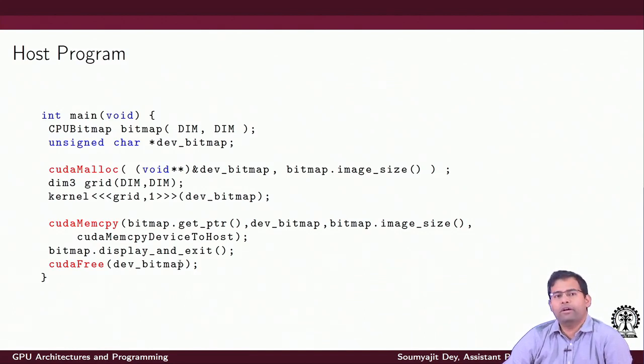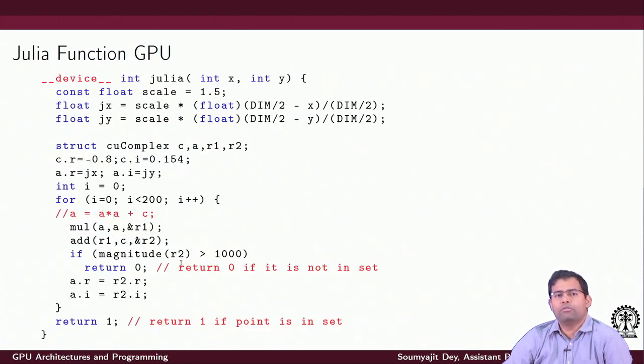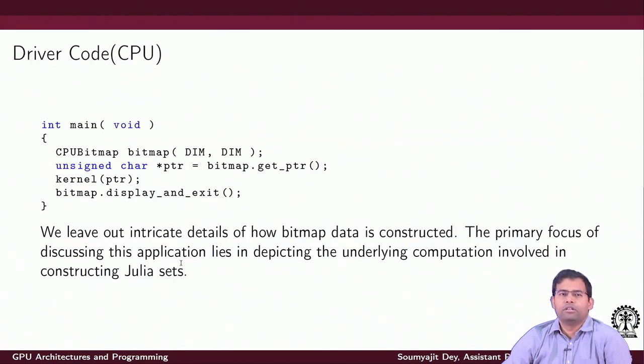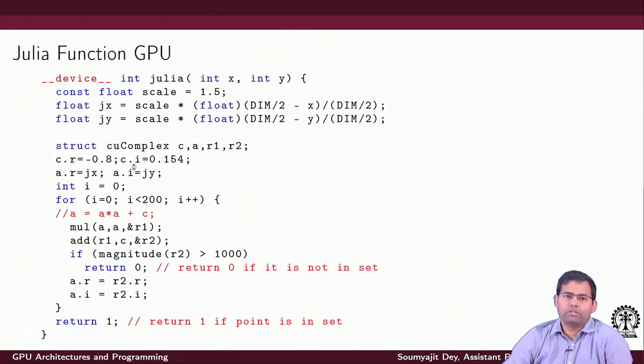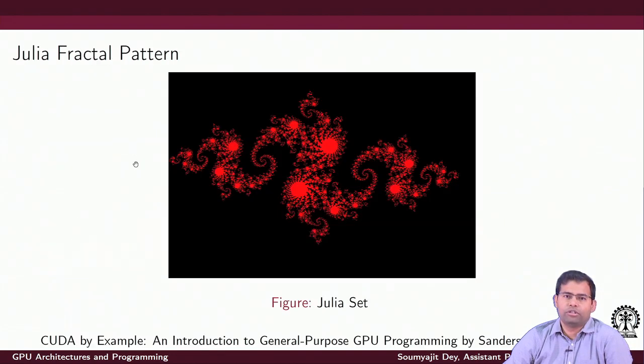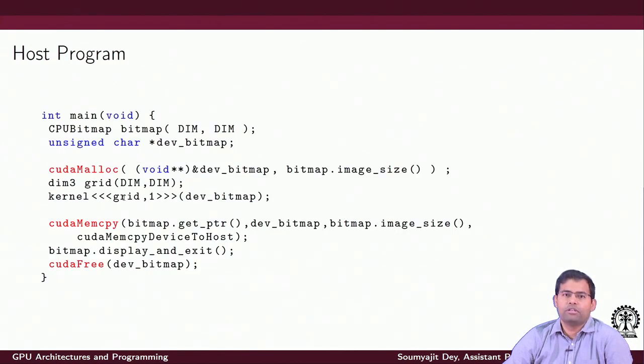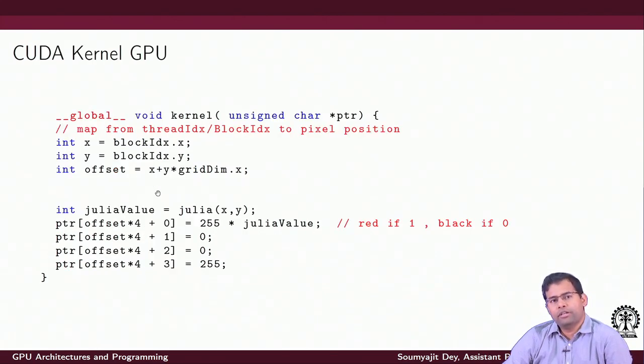So again, where does it get different in terms of the CUDA program and the original CPU side program? Like we have discussed earlier, the original CPU side program had this cascade of loops, but now when we start talking about this Julia set computation, we just do not have this cascade of loops. Instead of that, we have this kernel launch, and the kernel is launching that many dimension times dimension number of threads, and those threads essentially are executing in parallel in the GPU.